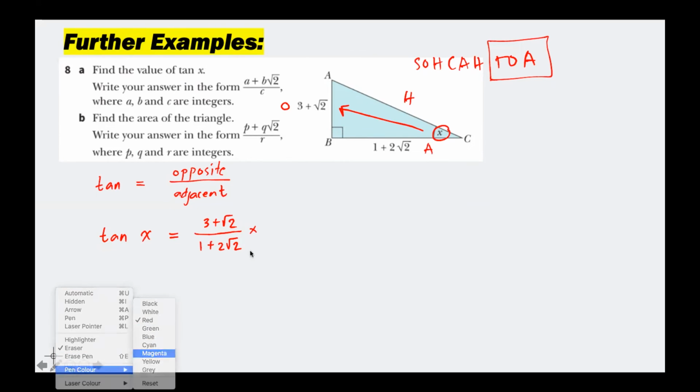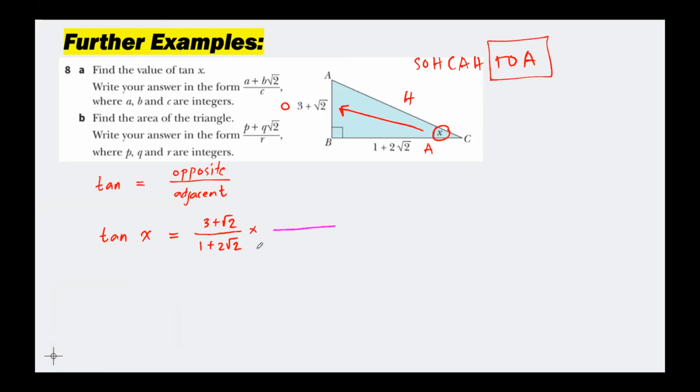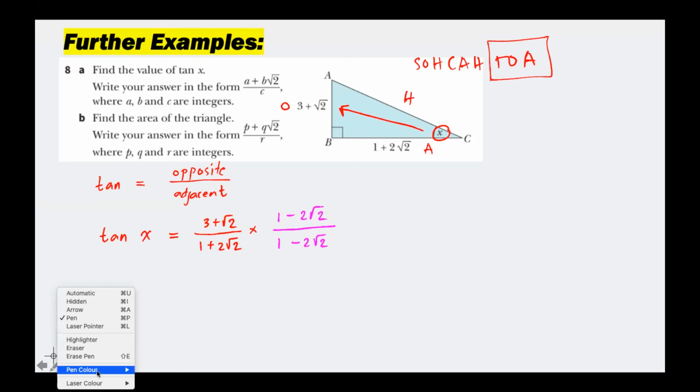So that will give us 1 plus 2 square root of 2, the conjugate is 1 minus 2 square root of 2. So that is 1 minus 2 square root of 2. Therefore, multiply again, use your FOIL method, 3 times 1 is 3. Then outer, so that's 3 times negative 2 square root of 2.